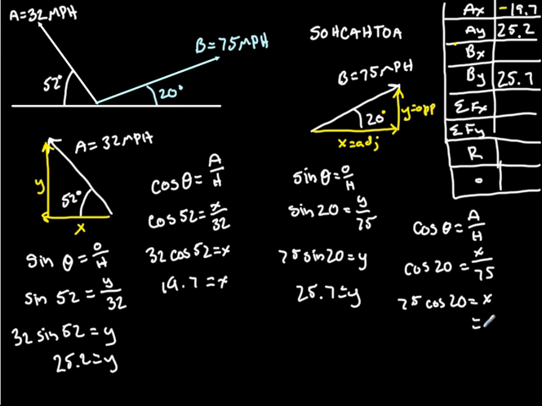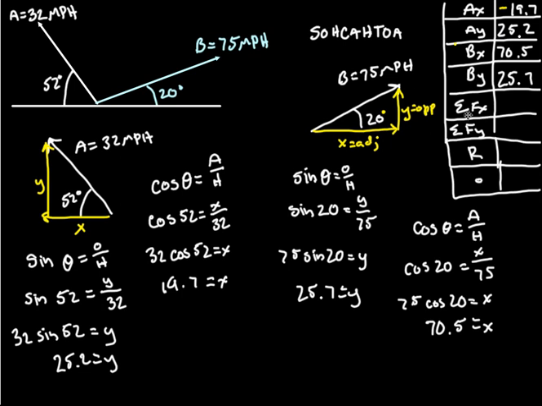So 75 cosine of 20 equals x. And x should be much longer, so we get about 70.5. So we get a negative 19.7 because it's going left, we get a positive 25.2, we get a positive 70.5 going to the right, and a positive 25.7 going up.